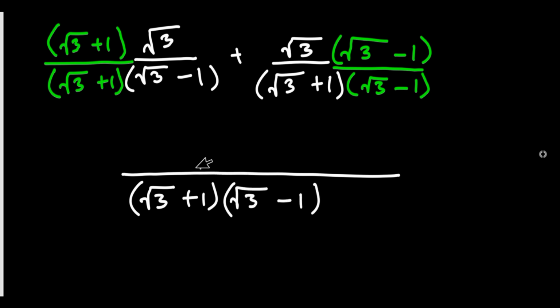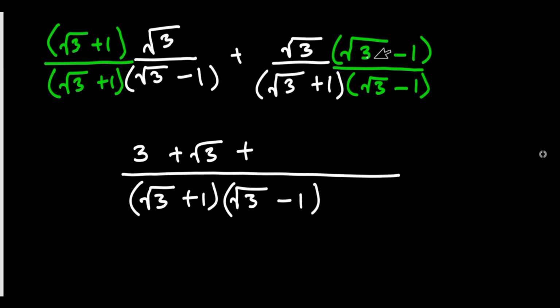Then for the numerator side, I'm going to take this root 3 and distribute. If I do that, you notice that we have square root of 3 times square root of 3, which will be 3. Then square root of 3 times positive 1 is positive square root of 3. Then plus, let's also distribute this root 3 across just as we did in the other fraction.